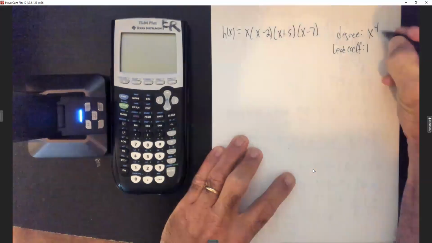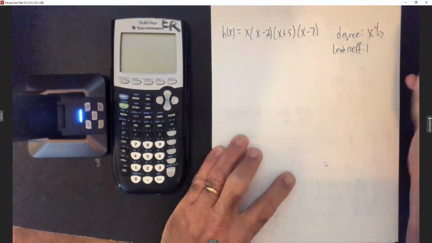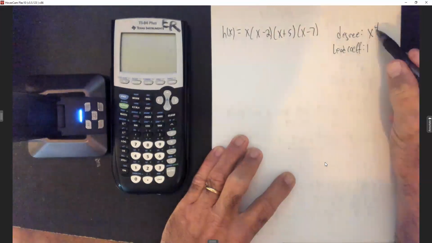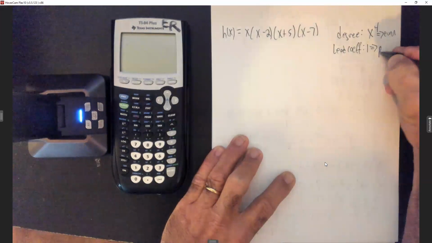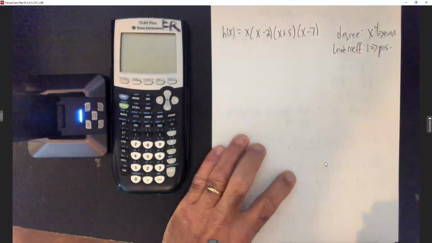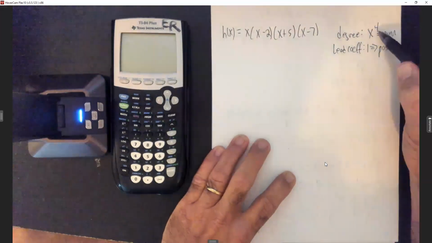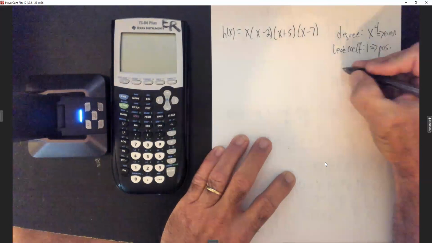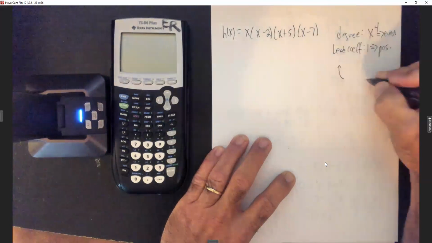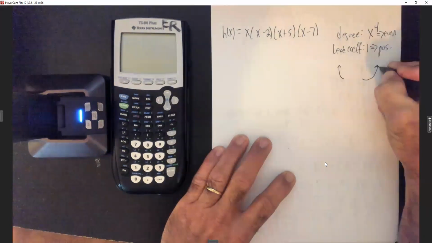So notice this, the degree x to the 4 is even. The lead coefficient is 1, which is positive. So I know anytime I've got an x to the 4, which is even, and a lead coefficient which is positive, in the long run that graph's going to want to go uphill eventually, okay?